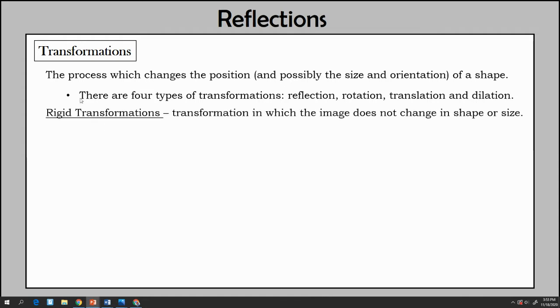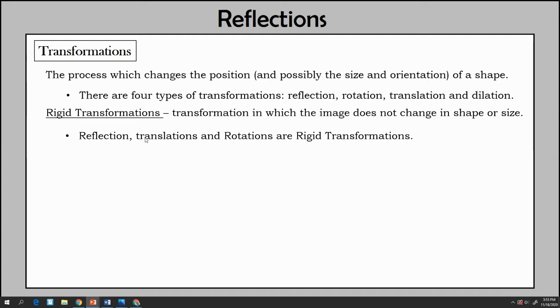Okay, what we're going to work with primarily right now are called rigid transformations. And a rigid transformation is one in which the image does not change in shape or size. So you are making a duplicate copy of the original shape during a rigid transformation. Reflections, translations, and rotations are rigid transformations.